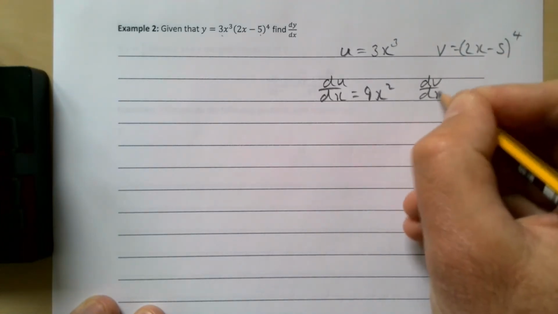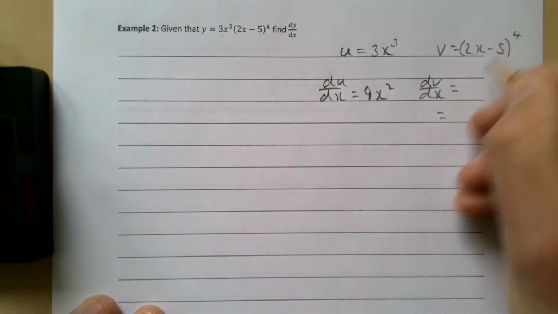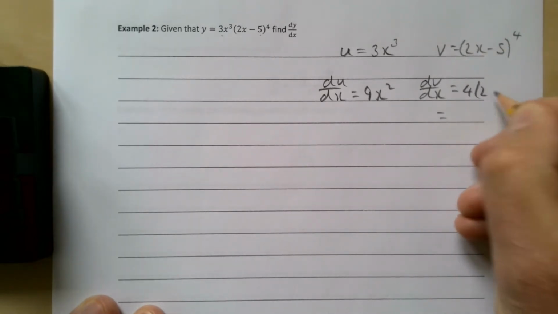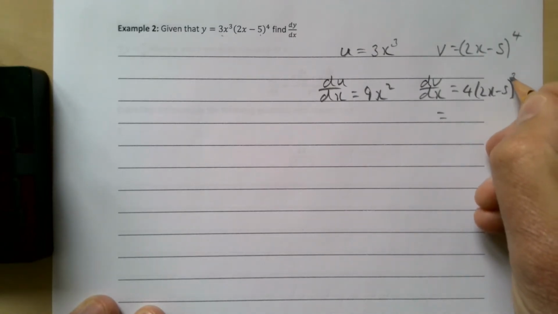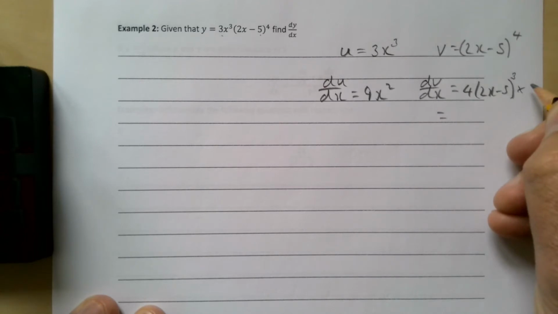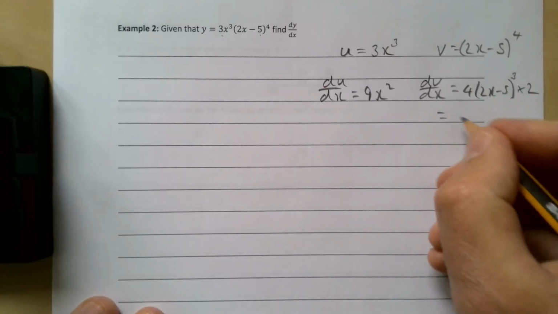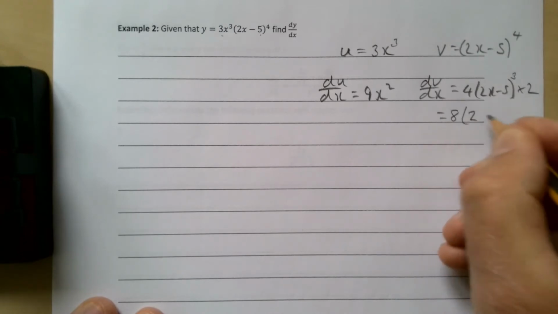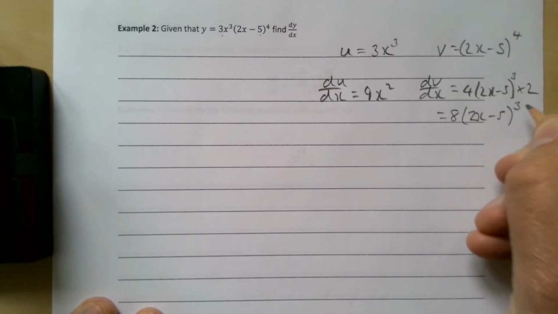dv by dx, I'm going to do this in 2 lines. So what do I do? I bring the 4, 2x minus 5, that's all then to the power 3, and I'm going to multiply that then by the bracket differentiated. And so that is then going to be 2, so that's actually 8 upon 2x minus 5 all cubed.